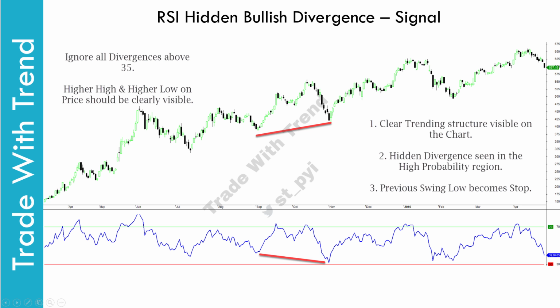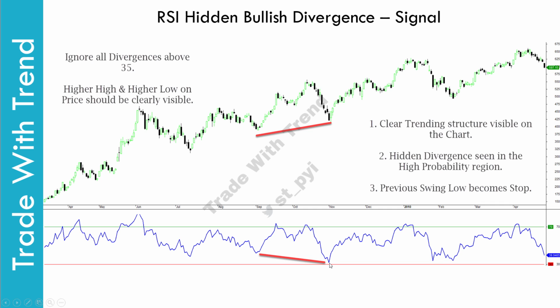So now what I'll do is show you how I trade this RSI hidden bullish divergence strategy. Now on the chart in front of you, you can clearly spot a high probability bullish divergence signal. What is happening is that a clear structure of higher high and higher low is in place. Price is clearly trending higher, so the rule gets satisfied. Now a hidden bullish divergence signal is also seen between 30 and 35.